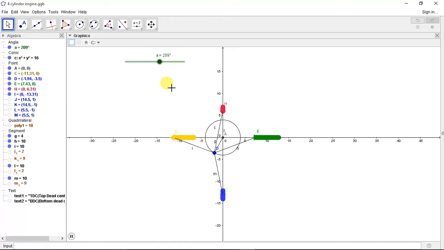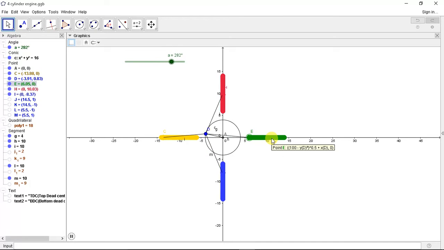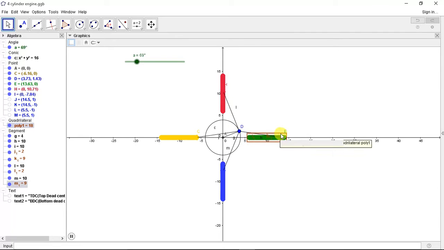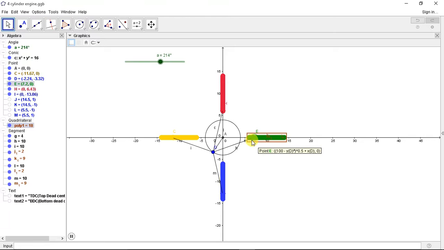Let's consider a single piston cylinder E. Here the piston is enclosed in a cylinder in which it moves.